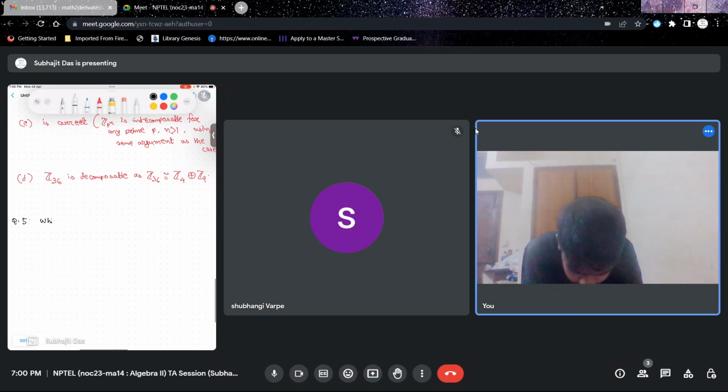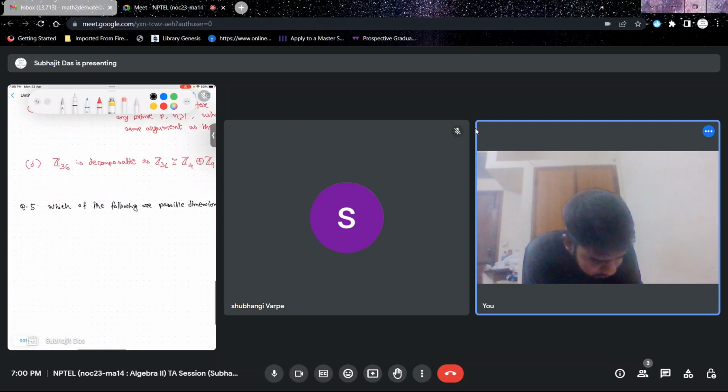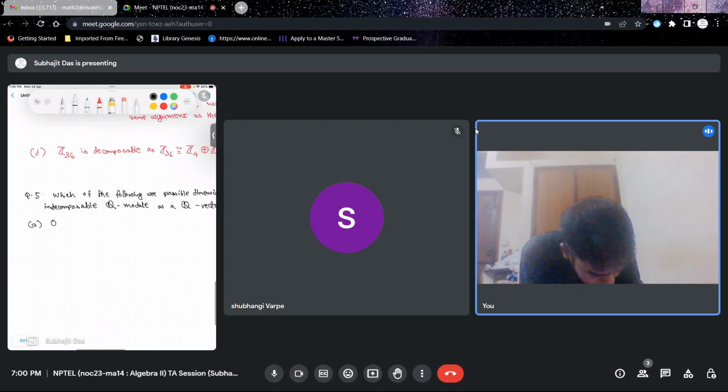Which of the following are possible dimensions of an indecomposable Q module as a Q vector space? So option A is 0, option B is 1, option C is infinity.